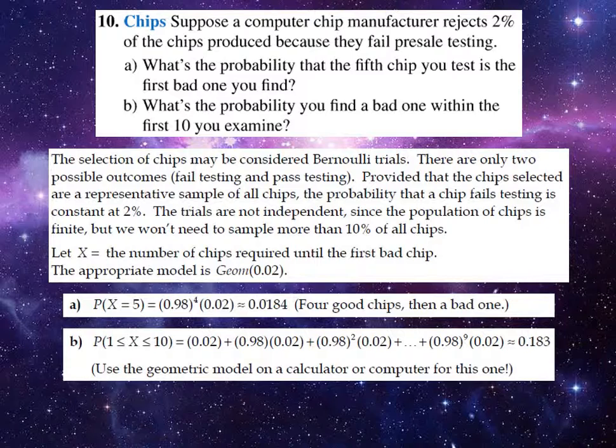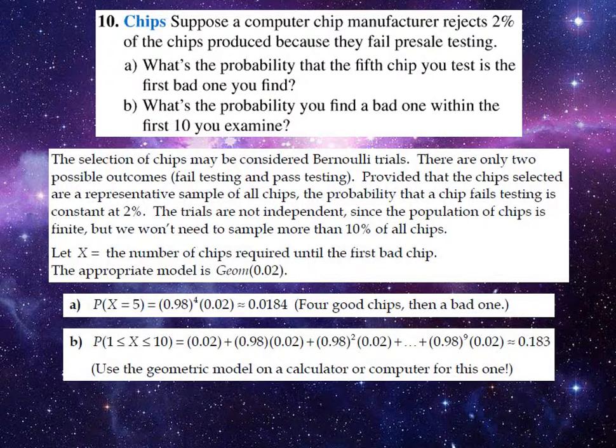Okay? The next question says, what is the probability that you find a bad one within the first 10? That means it could happen as soon as which try? The first one. Could happen on the 2nd, the 3rd, the 4th, the 5th. It's just going to keep going, all the way up to the 10th one. Now that is way too many probabilities.